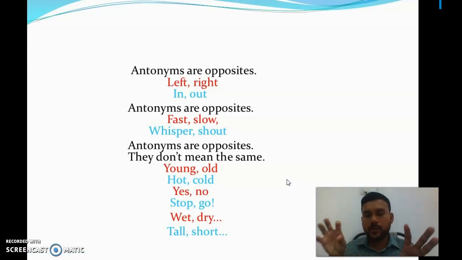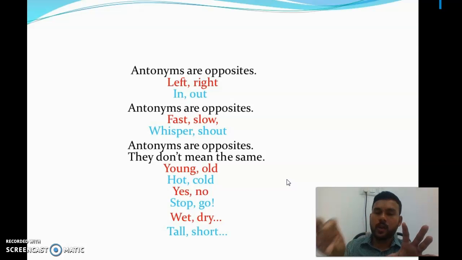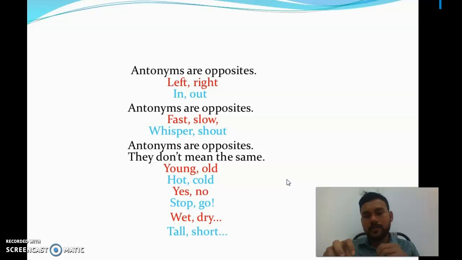You can also try to find antonyms for the word go. Halt, hindrance, halt. So these can be antonyms to stop too. So this is how antonyms can be found, by researching the opposite word of the opposite word.